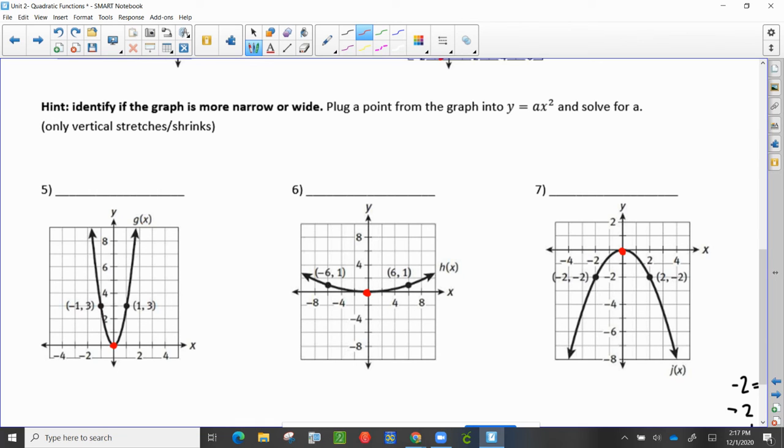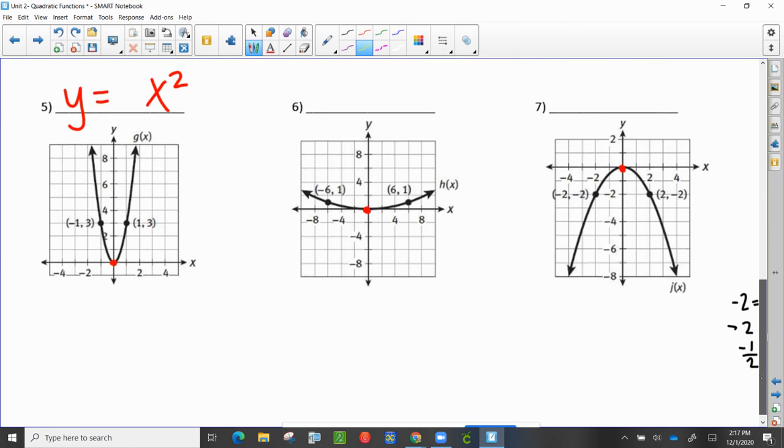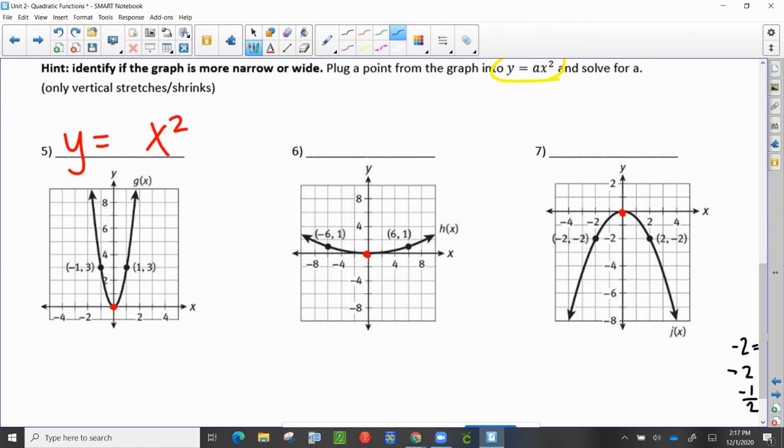So if I look at number 5, I can tell this graph is more narrow, meaning more skinny than the parent function. So we know we're going to have a coefficient here. So it's going to be something x squared. So we just have to figure out what that coefficient is. So one trick you could do is you could plug it into this equation. So if you pick one of the points, you plug it into y equals ax squared and solve that for a. So what I mean by that is if I take, let's say this point, (1, 3).